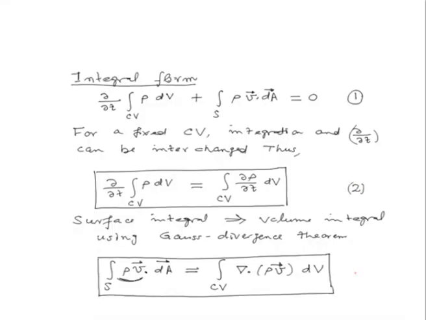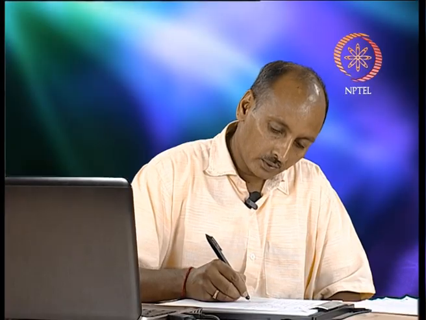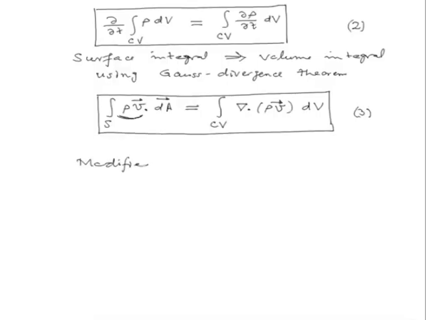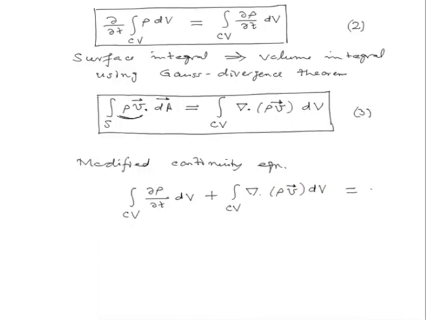So let us put these expressions 2 and 3 in our integral form continuity equation 1, and we get the modified continuity equation as: integral over Cv del rho over del t dV plus integral over Cv divergence of rho v dV is equal to 0.